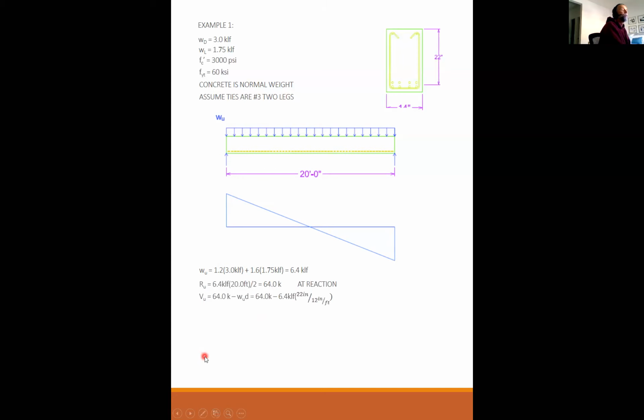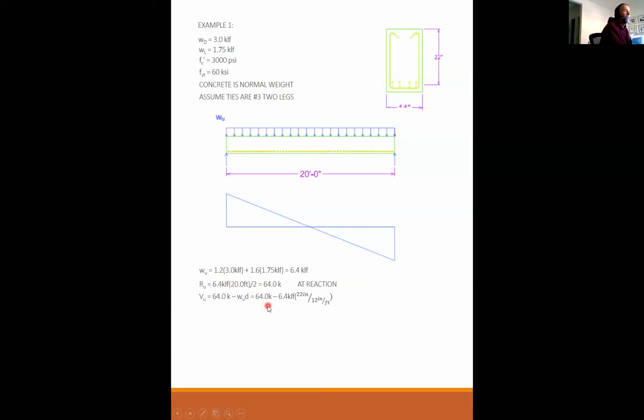My VU is not at the end. My VU is not 64 kips. My VU is what the shear diagram says at D in from the ends. So if you want to know what your shear is at some distance in from the end, then the equation is your end reaction minus your W sub U times the distance from the end.